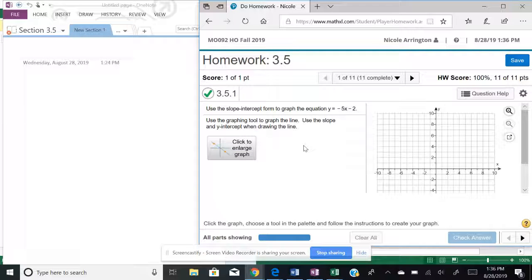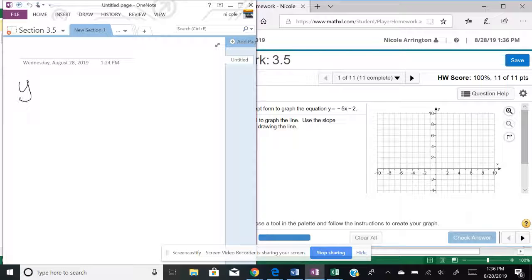All right, guys. Now this is section 3.5, and we are going to graph equations of lines using the slope-intercept form. Remember, the slope-intercept form is y is equal to mx plus b.